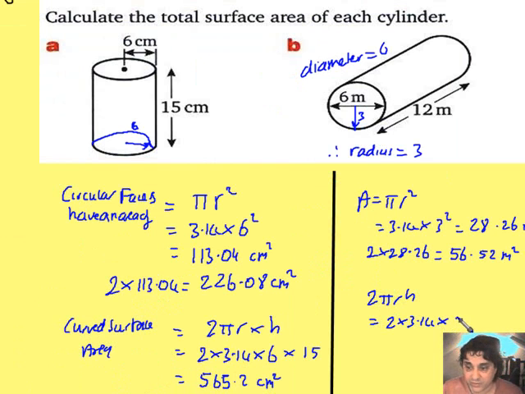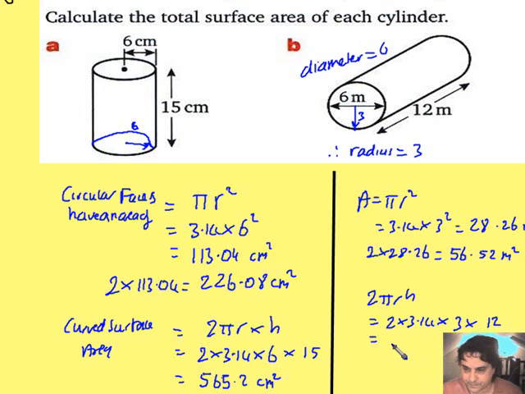Now the curved surface, I've got 2 pi r h, which is going to be 2 times 3.14 times the radius of 3, not 6, multiplied by the height. Well, it's lying down, but never mind, it's actually 12 meters tall, makes no difference. So let's just do that. 2 times 3.14 times 3 times a height of 12.